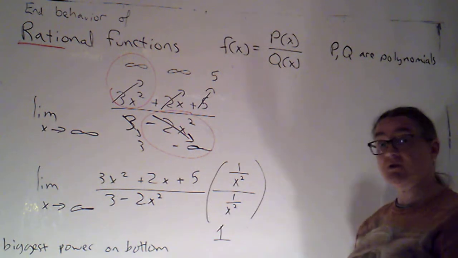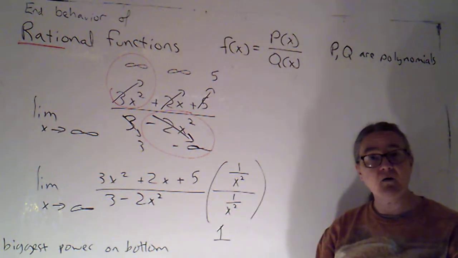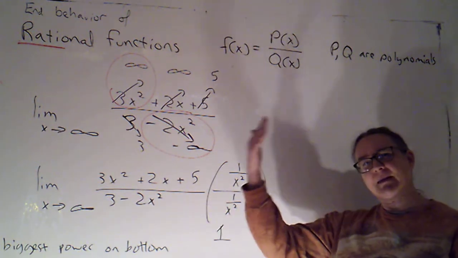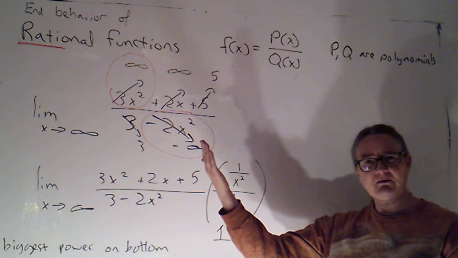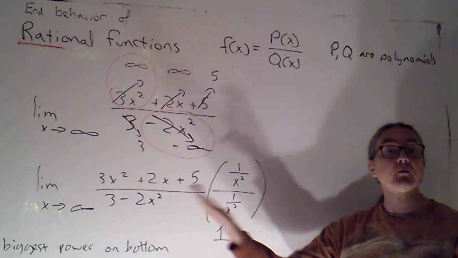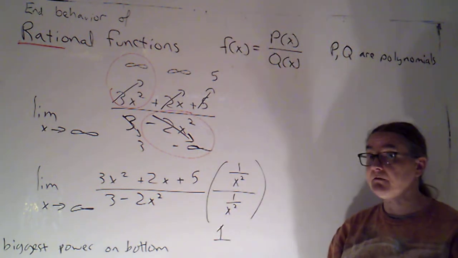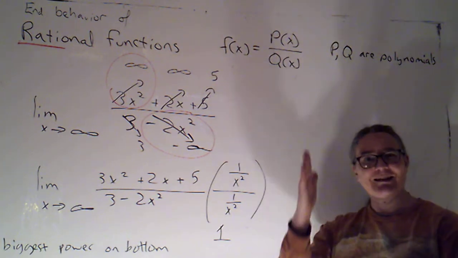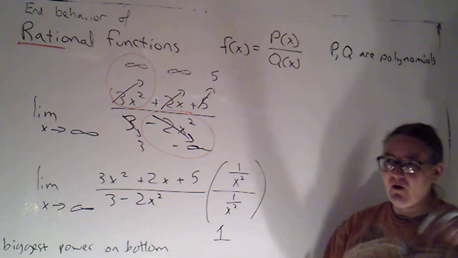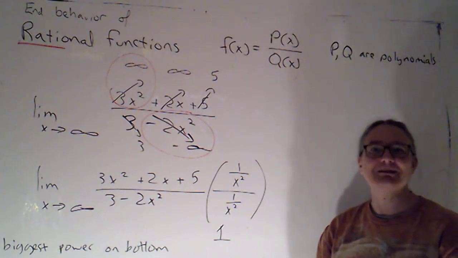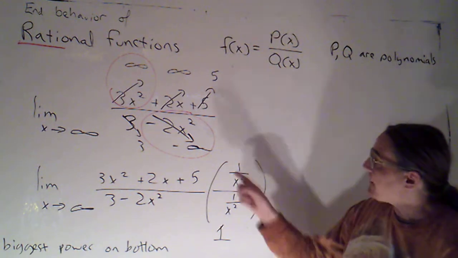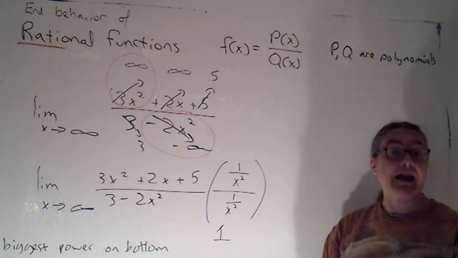If it's not in the domain, it's because it makes the bottom 0. If the bottom goes to 0 and the top doesn't, I know it's a vertical asymptote. I do a sign check to see whether we're going to infinity or negative infinity, or if it's a two-sided limit, if the limit doesn't exist because we go off to different signed infinities. If the top and bottom both go to 0, I would try to factor and cancel.